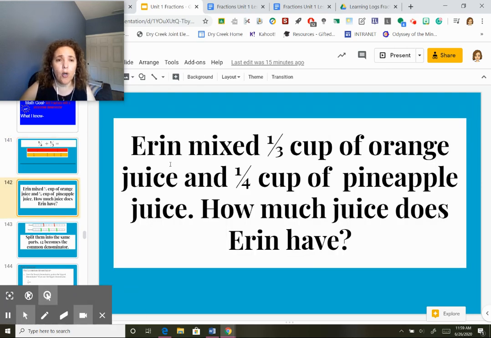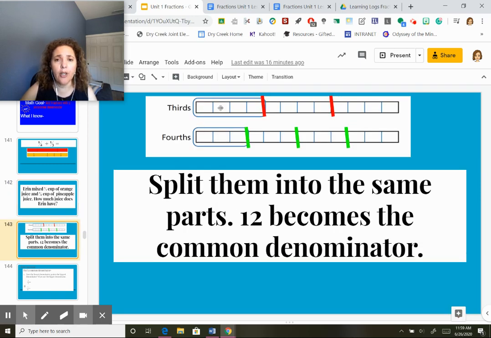All right, for our next question, Aaron mixed 1/3 cup of orange juice and 1/4 cup of pineapple juice. How much juice does Aaron have? So that tells me that I'm going to add them together, right? So I'm going to add a third and a fourth. So that one looks like this. Here are my thirds and here are my fourths, okay?